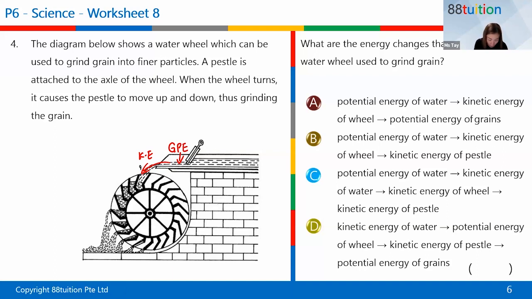When the water falls in this direction, this wheel also starts turning, so there's kinetic energy of the wheel. Because the wheel moves, the pestle will start moving up and down, so the pestle has kinetic energy. Any question here so far?